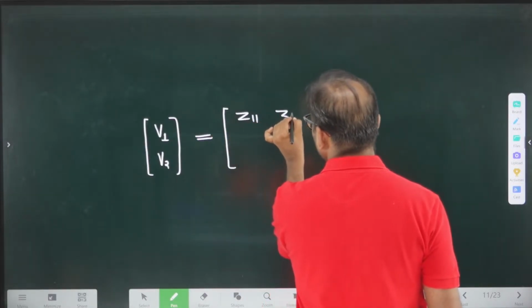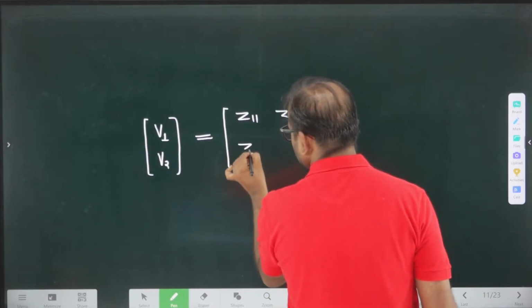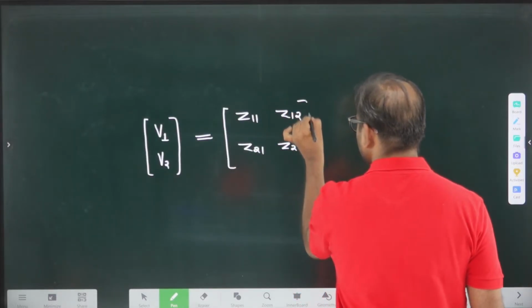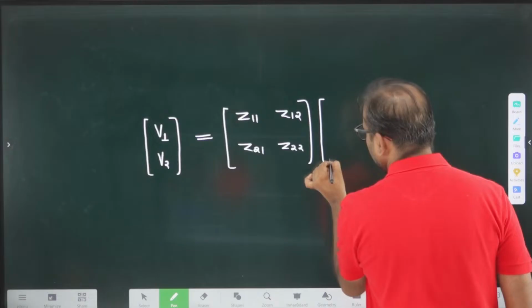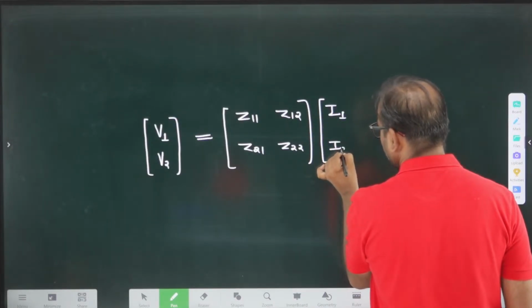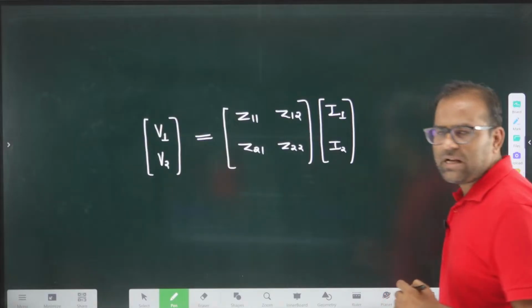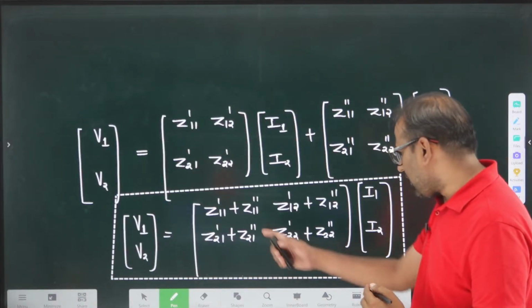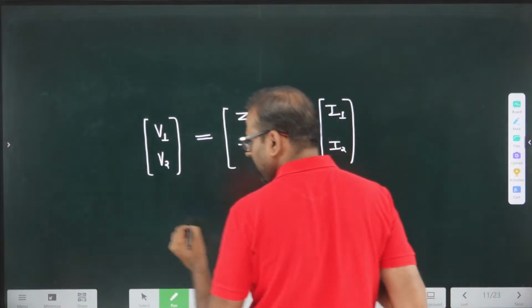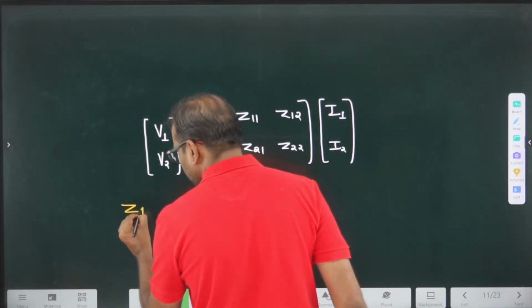Z11, Z12, Z21 and Z22 multiplied by I1 and I2. Correct? And I can write what is Z11. So you can write accordingly. What is Z11?